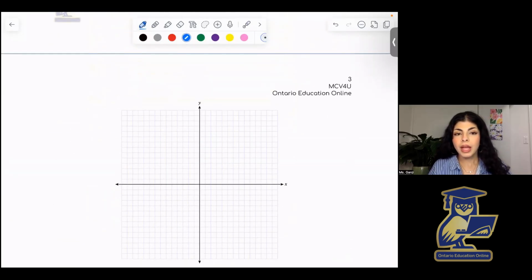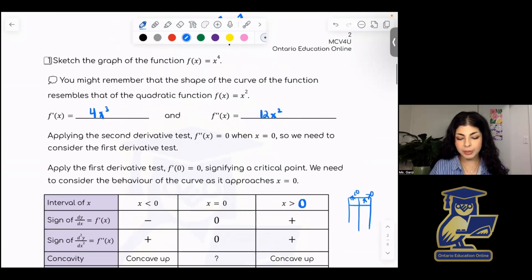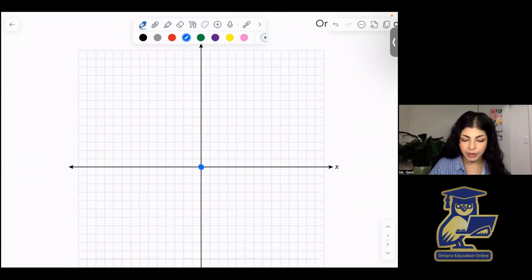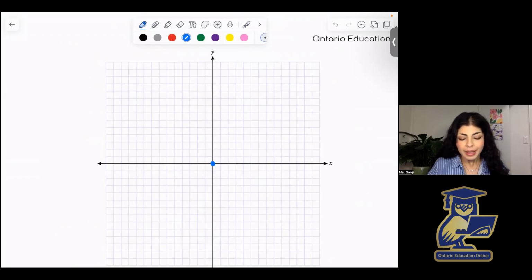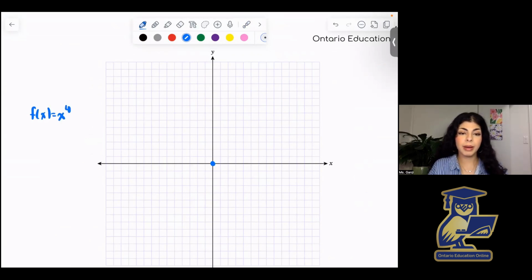I know I already went through all the information, but you could have been plotting those as is. So I would have had this point right there, which is my x-intercept, y-intercept, critical point, local minimum, all of the above. And depending on the function, when it is something as simple as f of x is x to the power 4, you could approximate some values here.